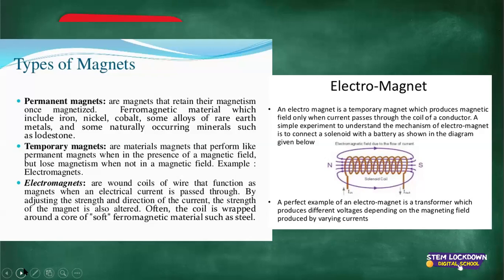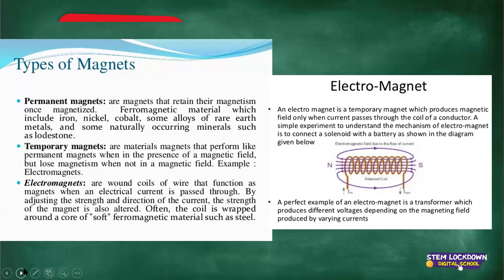And then we get electromagnets. These are wound coils of wire that function as magnets when an electric current is passed through them. You can adjust the strength and the direction of the current, so the strength of the magnet can also be altered.